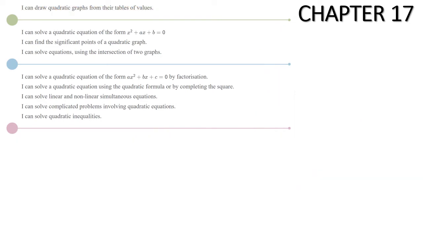Right, next thing we need to look at is solving quadratics. So that's this bit here. There are different ways to solve quadratics. We can solve them by factorizing. We can solve them by using the quadratic equation.